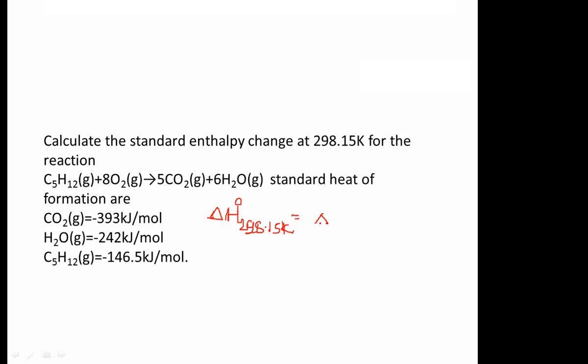So I'll write delta H standard at 298.15 for product, minus, and then you can do the operations.